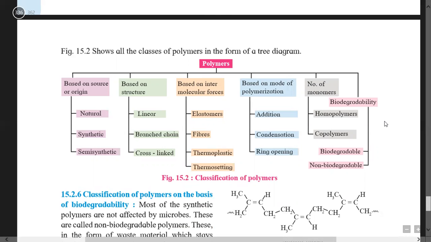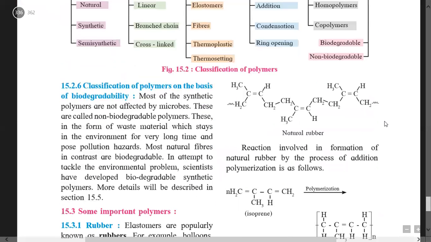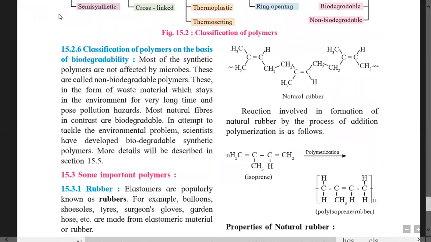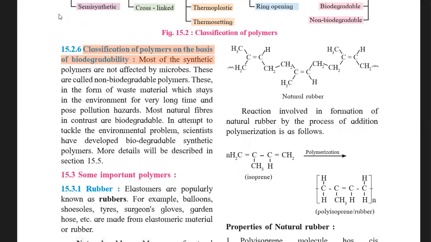Then the last type, the sixth type of classification, is classification of polymers based on biodegradability. Most synthetic polymers cannot be affected by microbes. These are called non-biodegradable polymers.